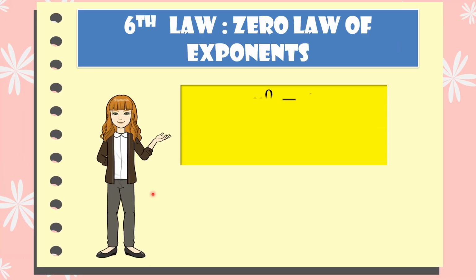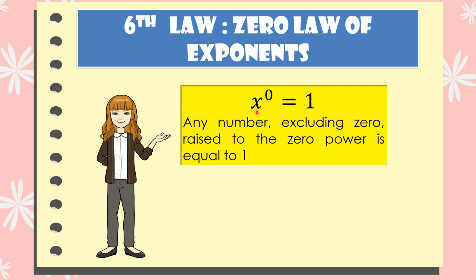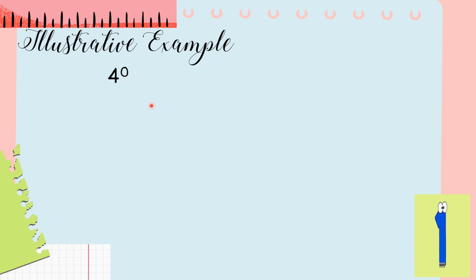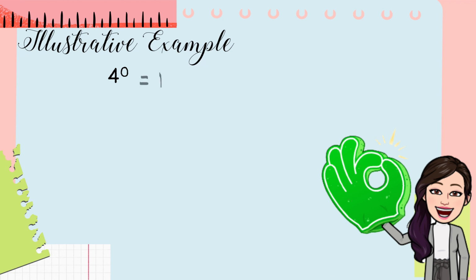This is the zero law of exponents. x raised to 0 is equal to 1. That is, any number excluding 0 raised to the 0 power is equal to 1. Let's have some examples. 4 raised to 0. Right, that is 1.